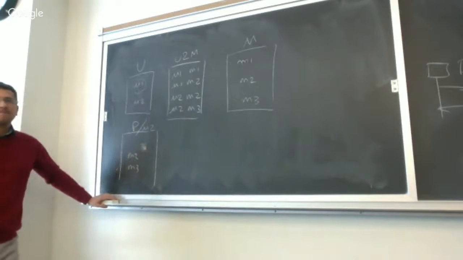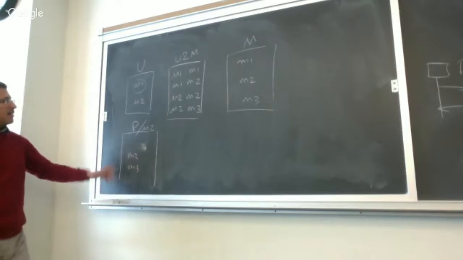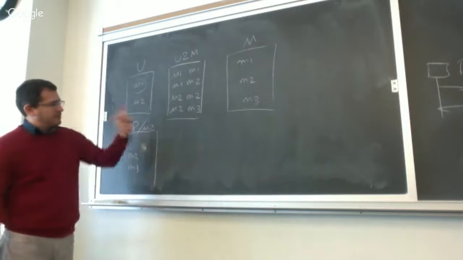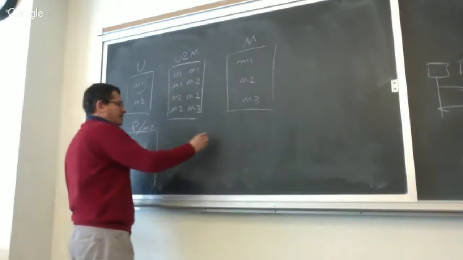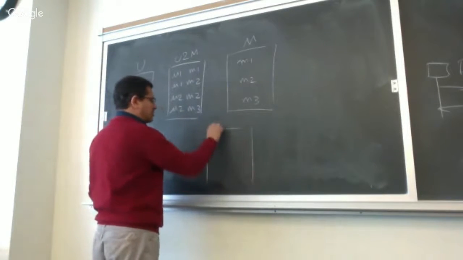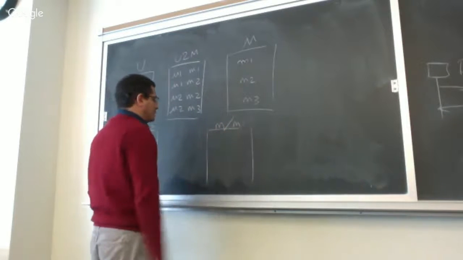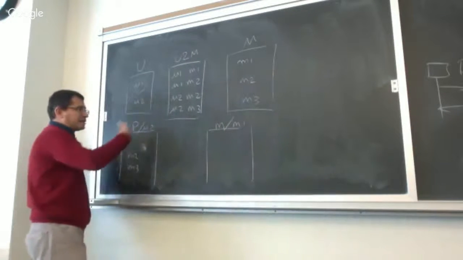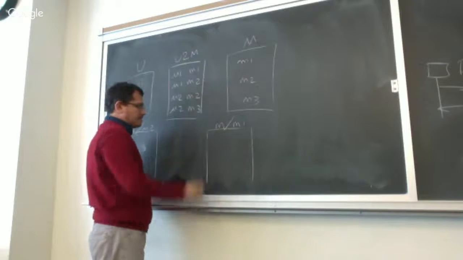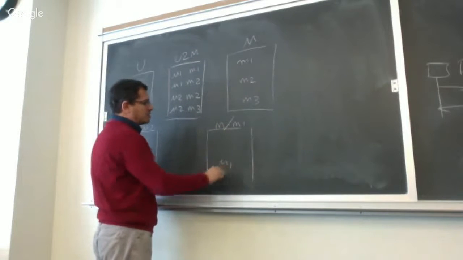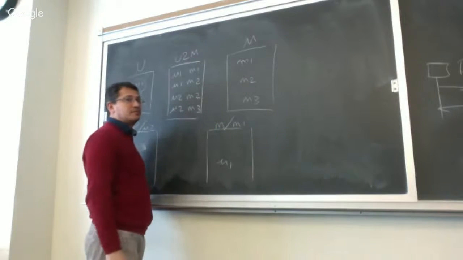Make sense? Right? But from the movie's point of view, right? If I go to a particular movie, and I navigate to movie 1, this will tell me that just user 1 likes movie 1. Right?